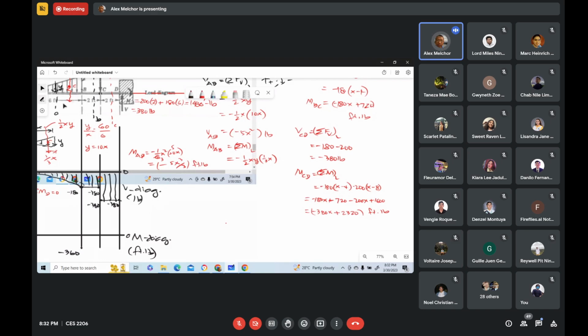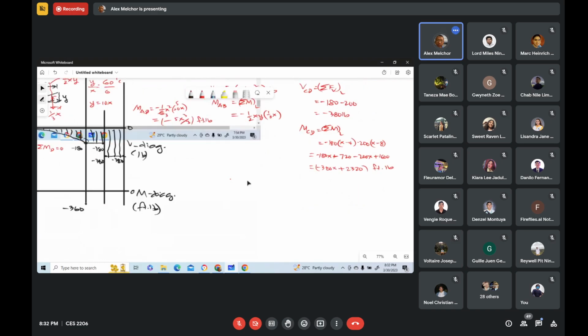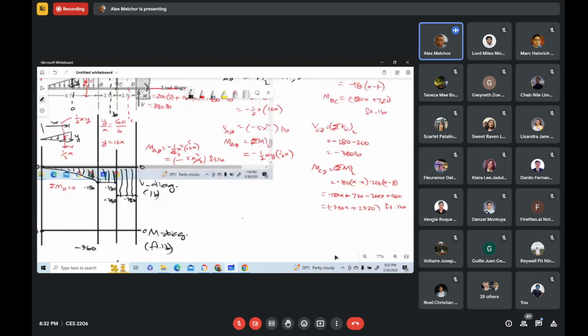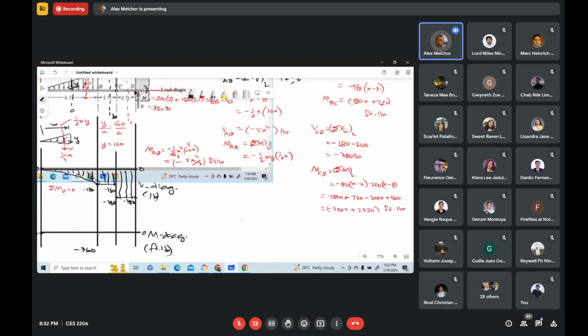Negative 720. Okay, so it's more or less twice this, no? Negative 720. So it will be somewhere here. And then what is the moment at D? D is located 10 feet from left end.